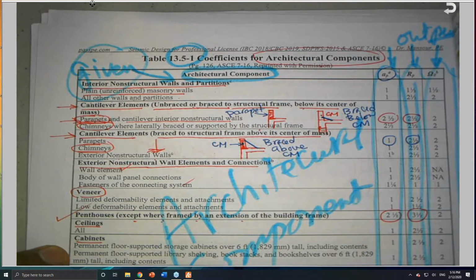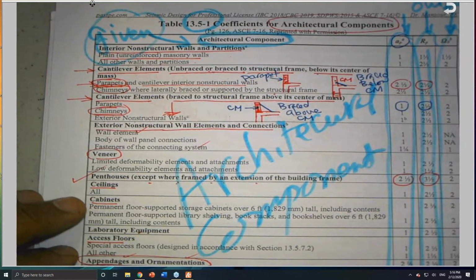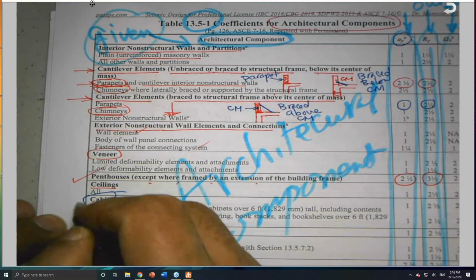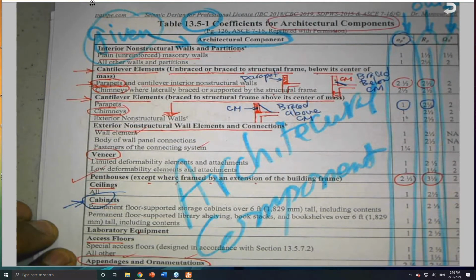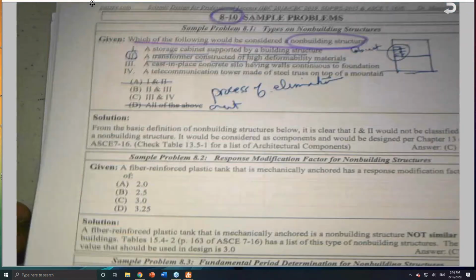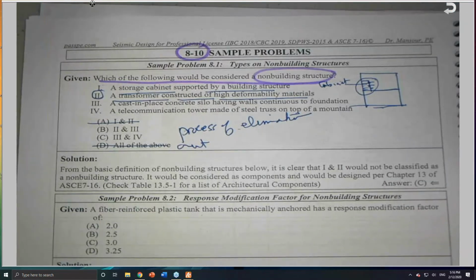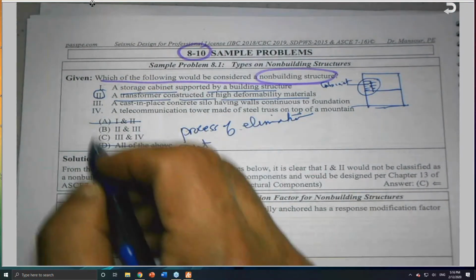Under architecture components, under cabinets. Did you see cabinets over there? So cabinets are there on page 286. Here it is. Cabinets, storage cabinets. So it is a non-structural component. We know that. So I eliminated 2 answers.